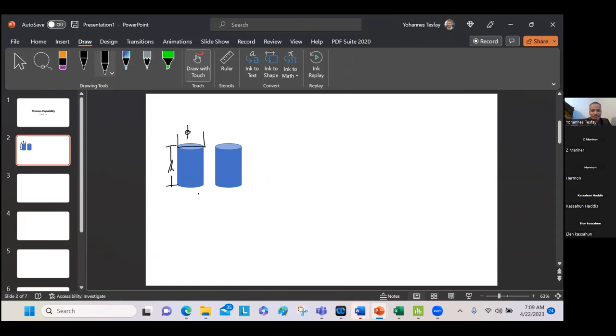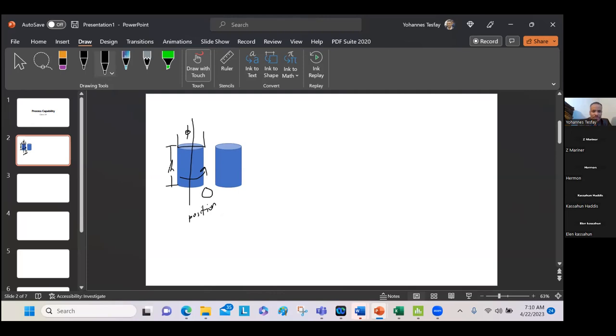Then you have another GD&T specification here, that is position, okay, position. You have also another GD&T specification on this, and that is roundness, being the ability of a circle.